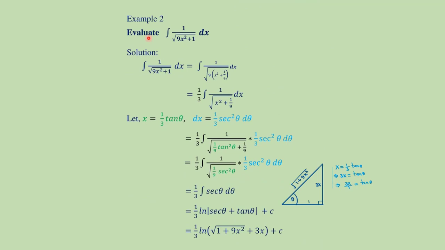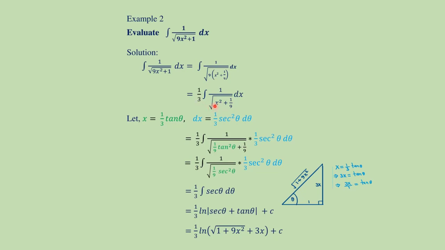In this example, we have an expression like square root of x square plus a square, but here the coefficient of x square is not 1. Here we have 9. So first step would be to make the coefficient of x square 1. Now to do that, we factor out 9 and it becomes x square plus 1 over 9. Now if this 9 comes out of square root sign, then it becomes 3.